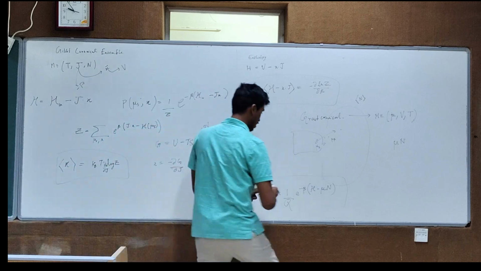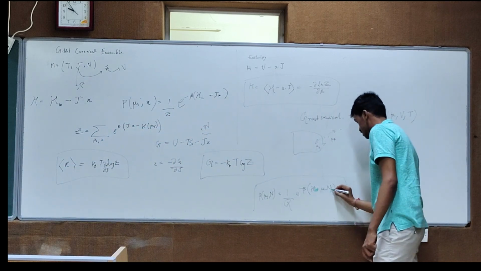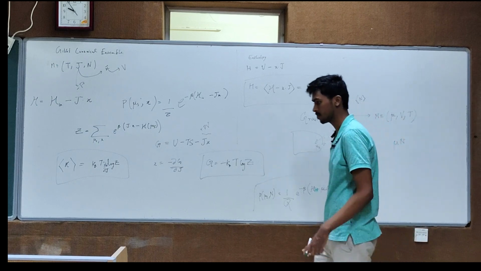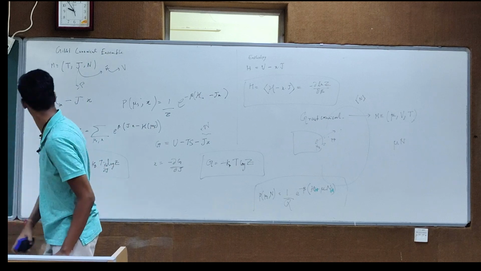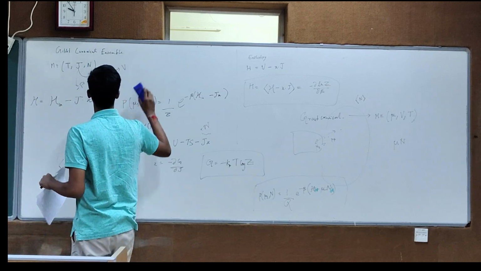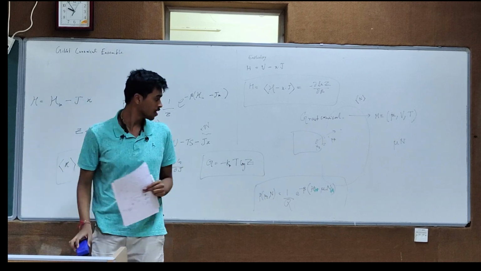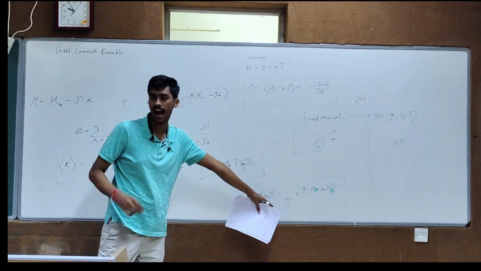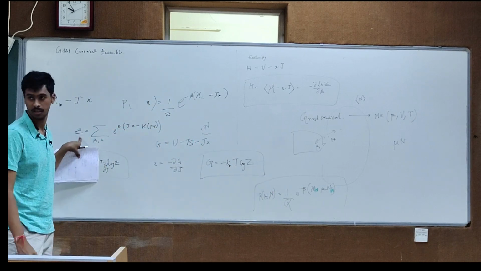This is the Hamiltonian. It depends on the microstate, and this also depends on the microstate. Q is called the grand canonical partition function, just like this Z over here.